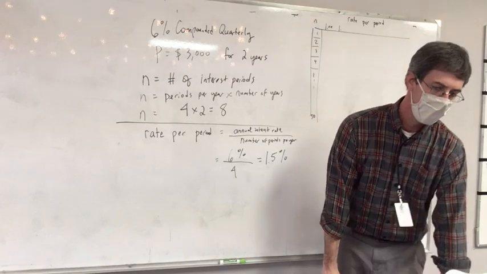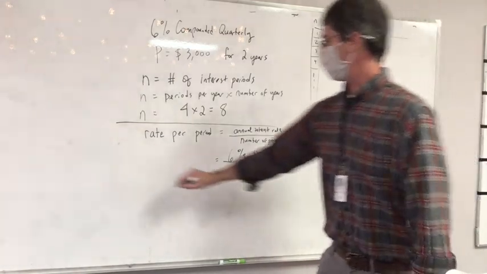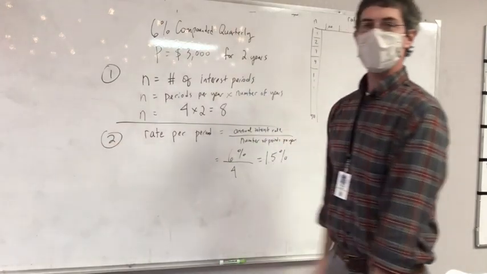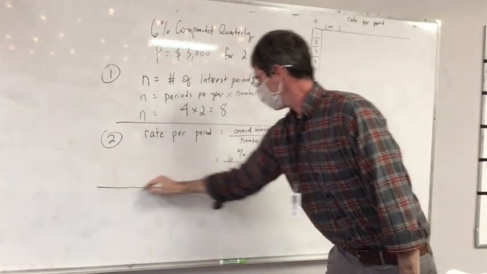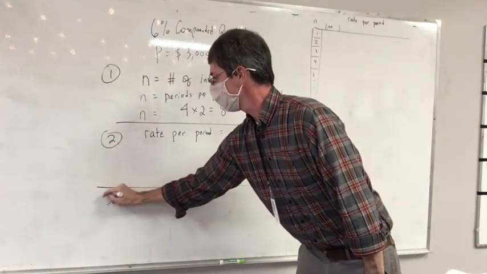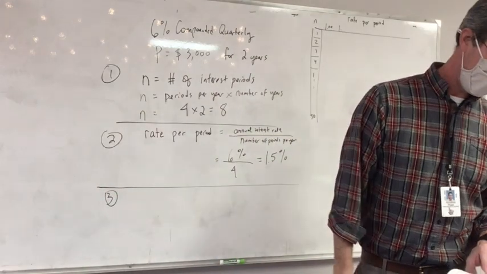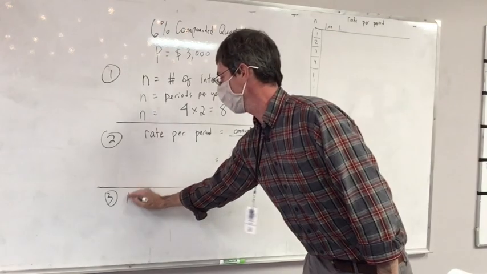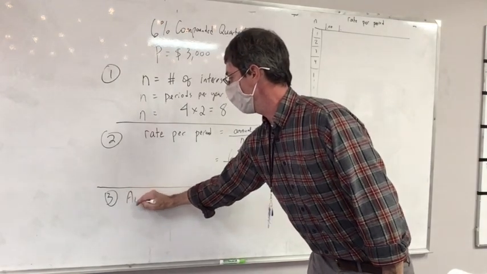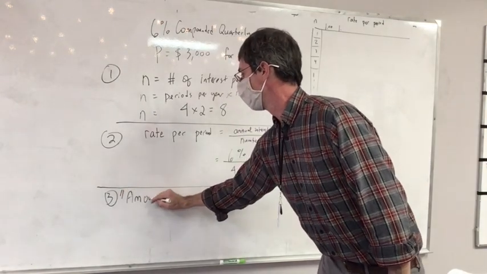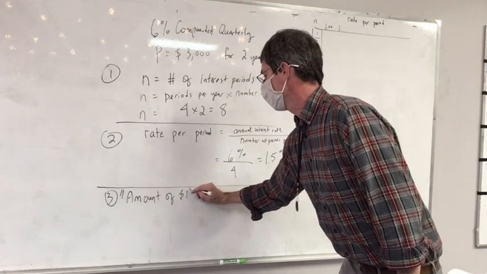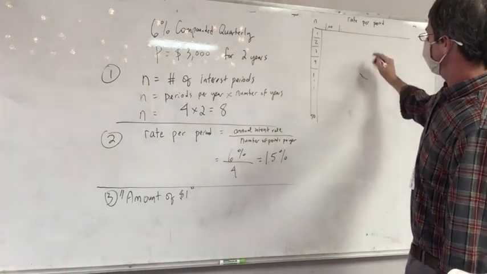Okay? All right, so the next step, this was step 1, find N. Step 2 was to find the rate per period. Our third step is going to be to find what they're calling the amount of $1 for 8 periods. It's called the amount of $1, and that is what's in this table.